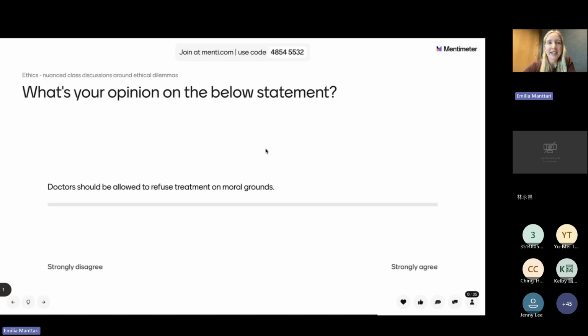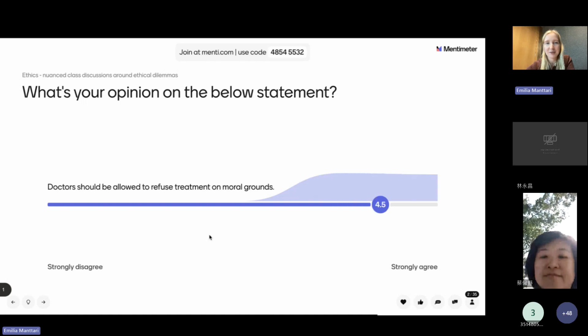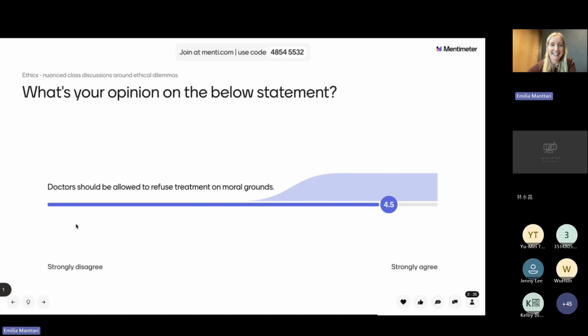But this is something that we can use to have nuanced class discussions. Especially here, it's an ethical dilemma. So our statement here is doctors should be allowed to refuse treatment on moral grounds. And our scale is from strongly disagree to strongly agree.